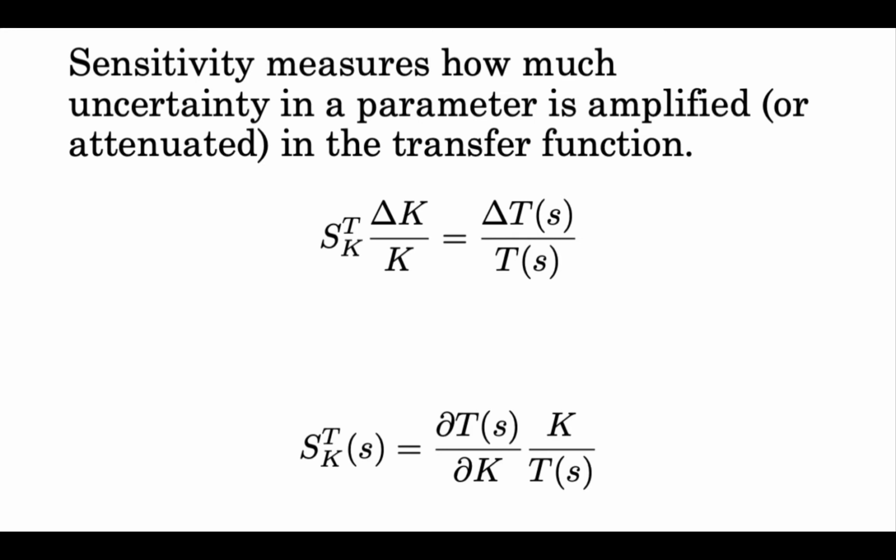So when I say delta K on K, I want you to think of this like a percent uncertainty. Right, this would be 10% if K was a resistance. And this is uncertainty in the parameter K, measured as a percent, right? Because the units here cancel the units here.